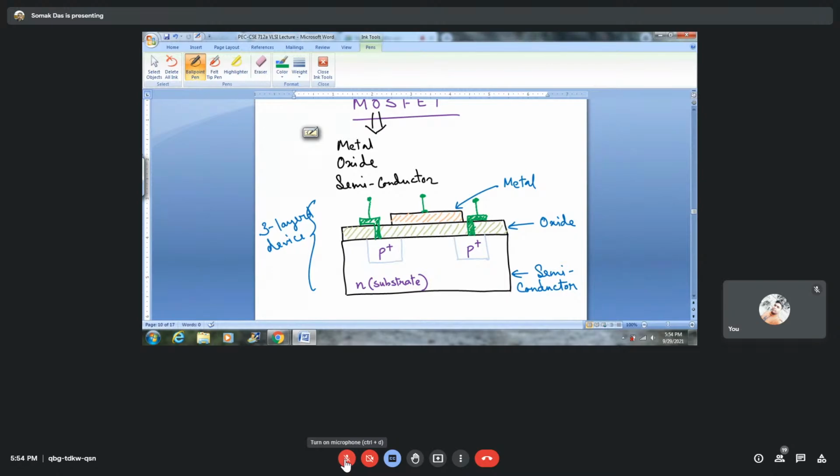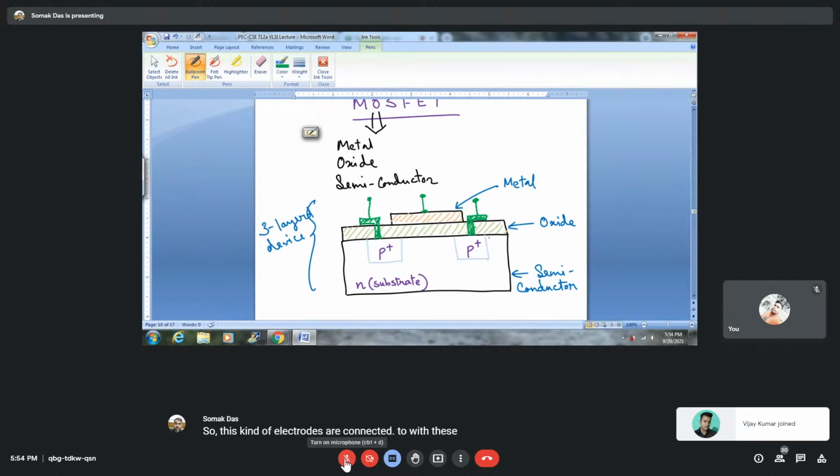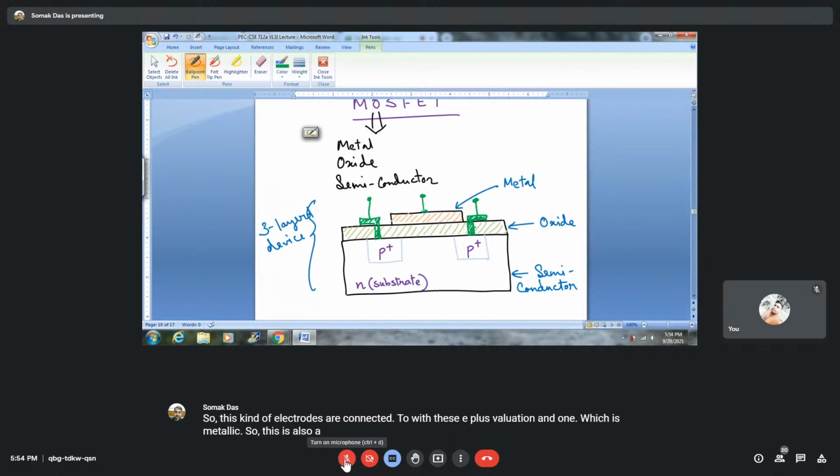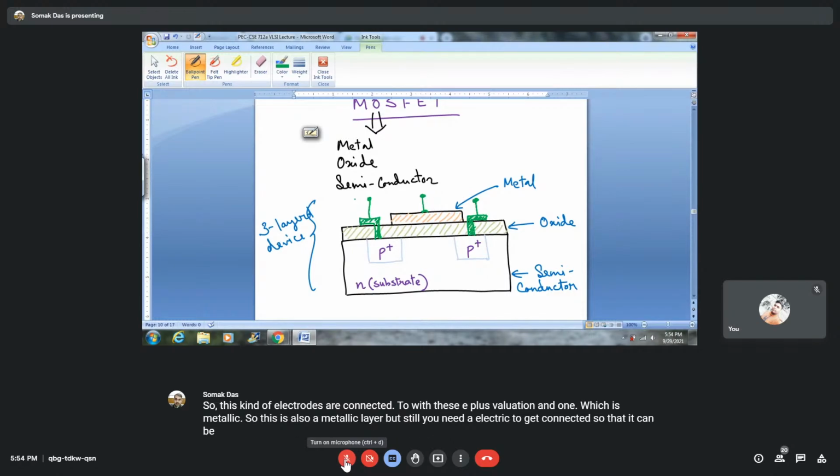So these kinds of electrodes are connected, two with this P plus well region and one with this metallic layer. This is also a metallic layer, but still you need an electrode to get connected so that it can be connected with the battery as and when required.